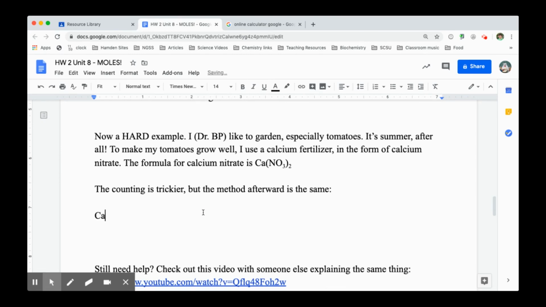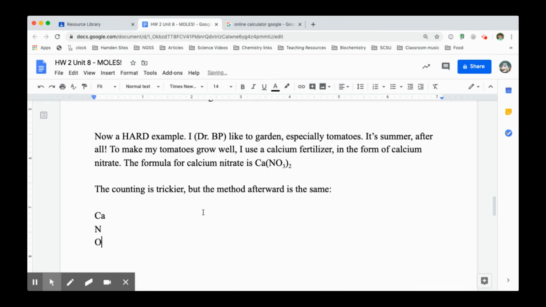We have Ca, and we have N, and we have O. The Ca, right, there's no number next to it, so there's just one Ca. The N, remember this is in parentheses, and there's a number outside the parentheses, so there are 2 times 1 nitrogen for a total of 2 nitrogens. And oxygen, there is a little number there. There's a 3. Remember, they multiply. 2 times 3 is 6 oxygens.